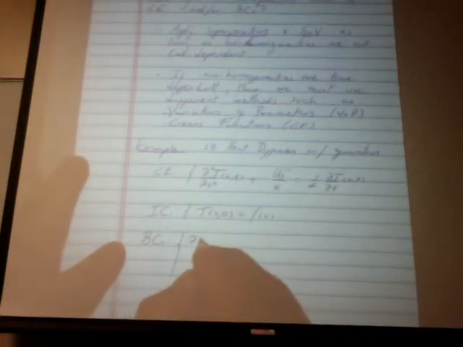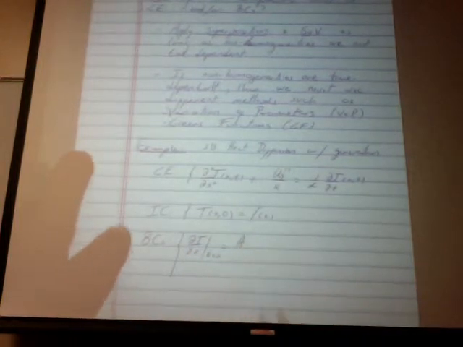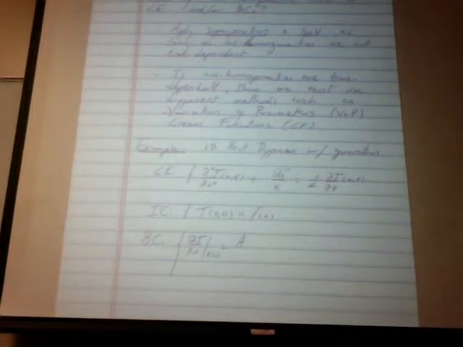And let's say that the boundary conditions are dT/dx at x equals 0 is equal to some a, and T at x equals L is equal to some b.